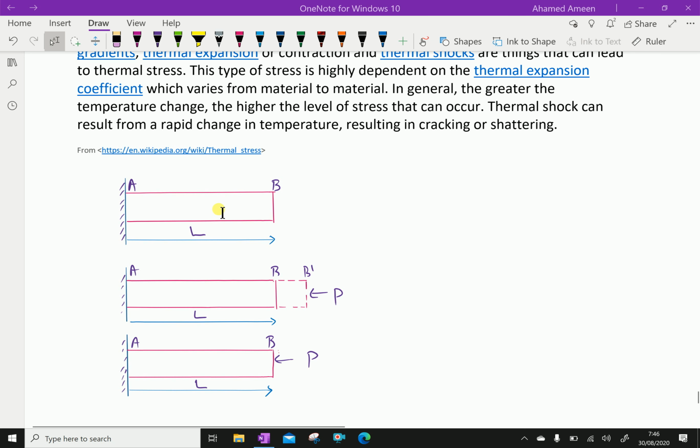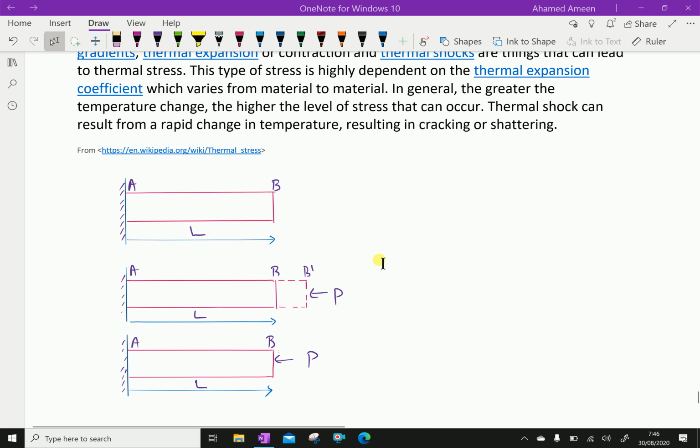Here, due to the temperature increase, this length will increase if no outside load is applied. That means if it freely expands, no thermal stresses are created in the body.